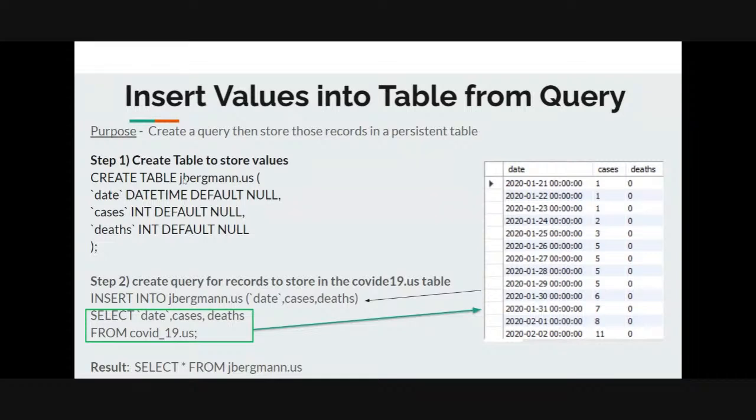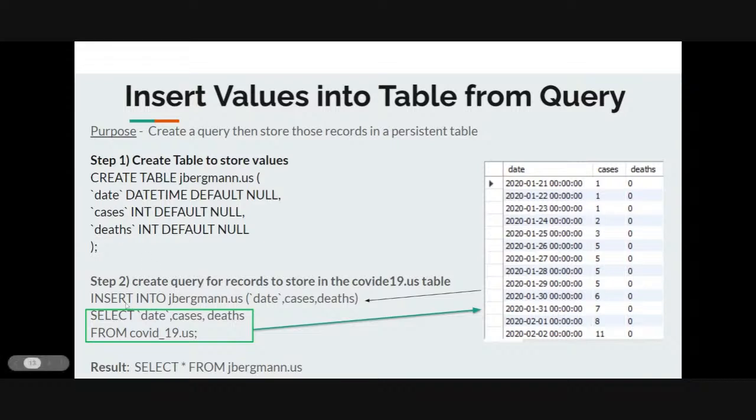Actually in this one, we created a table with schema.us. We have date, cases, and deaths. This is COVID-19 data. We did that once right after the pandemic started for class, and it's an interesting project.